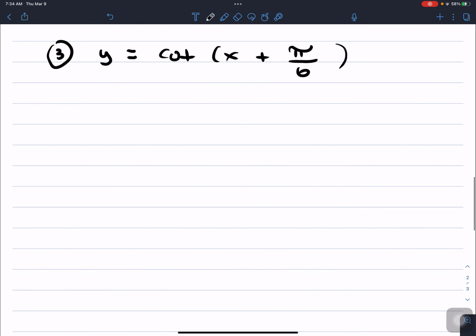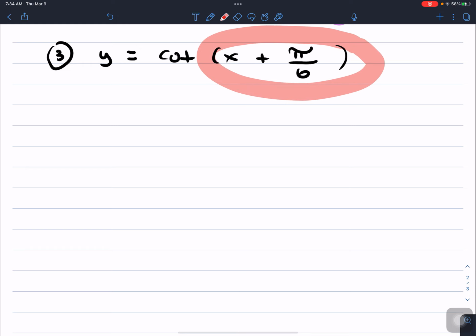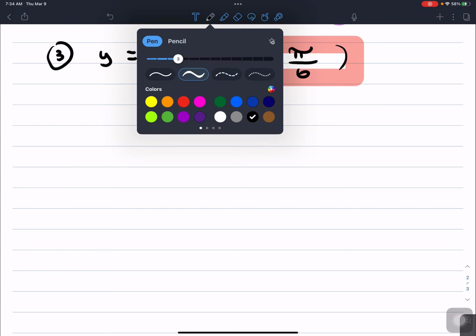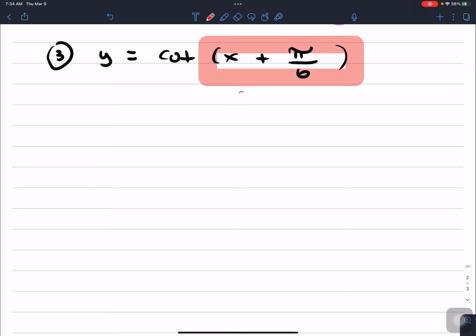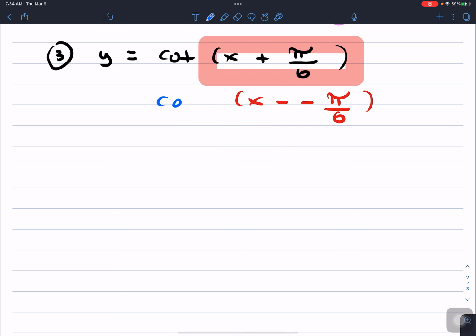And then I'm going to remind you guys, right in here, you don't have minus, do you? Watch out, because this is where people make their mistake. You don't have minus. You need minus. How do you make that minus be there if it's not there? Minus the minus makes you a positive. So this question now really is going to be y equals cotangent of x minus negative pi over 6. Do you guys have the minus there now?